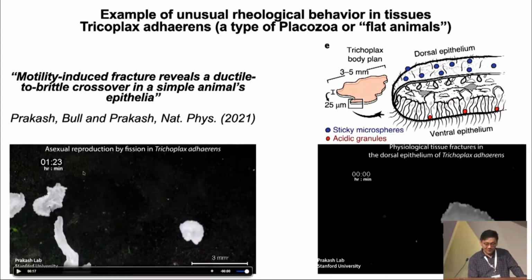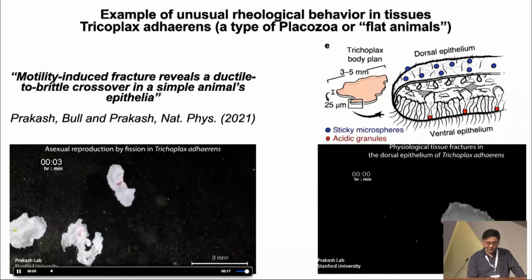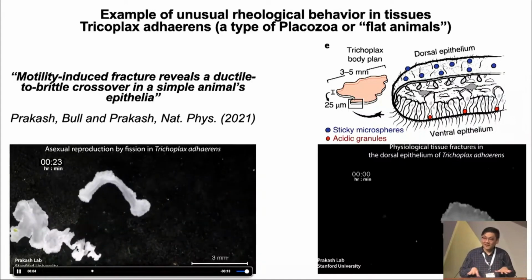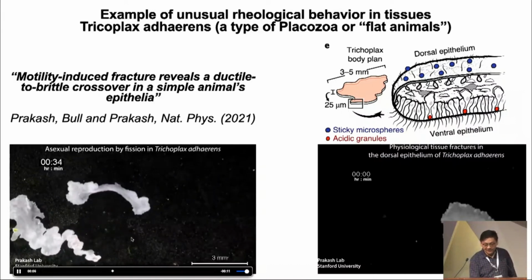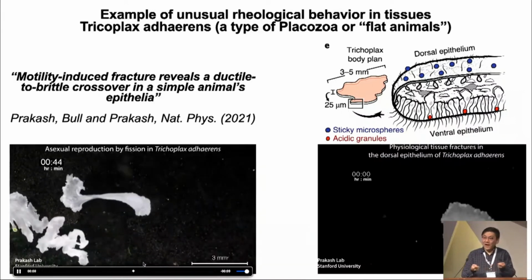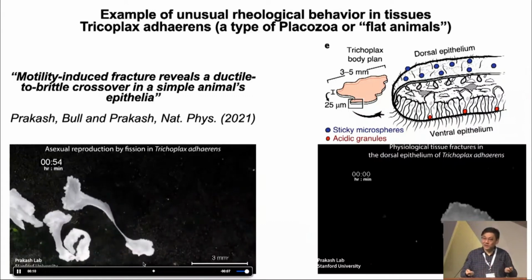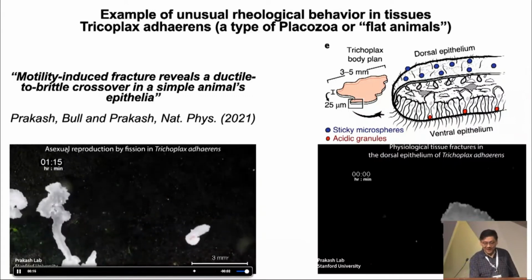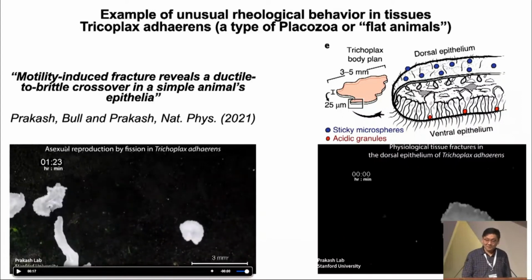Over almost real time in the movie, they exert so much motility force inside the layer that you can actually have breaking or fracturing of the whole tissue due to these active forces. You can almost think of this also as a mode of asexual reproduction.